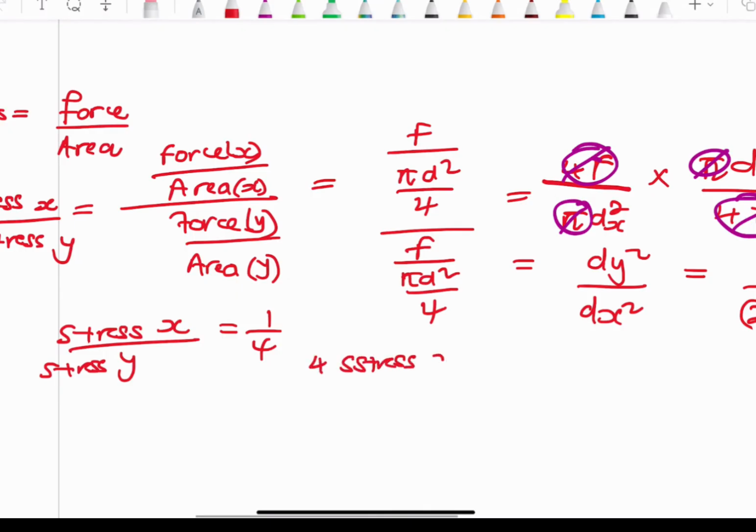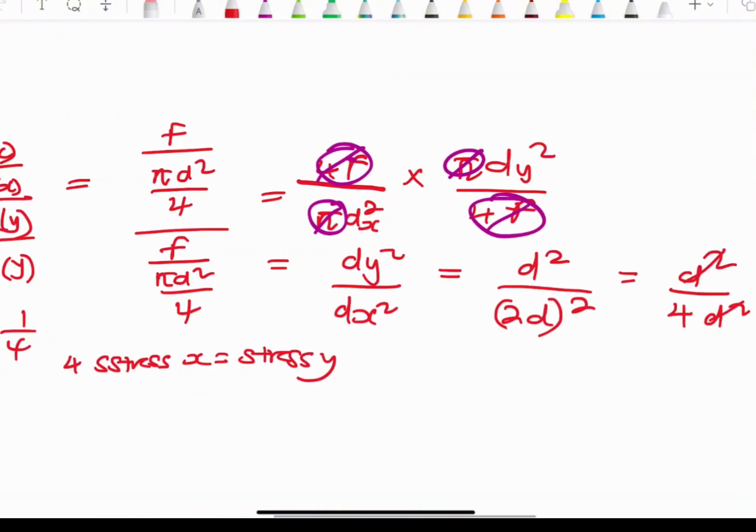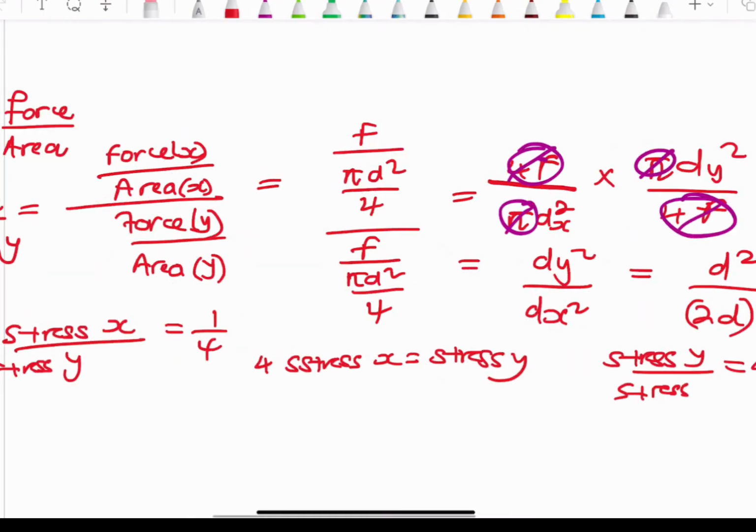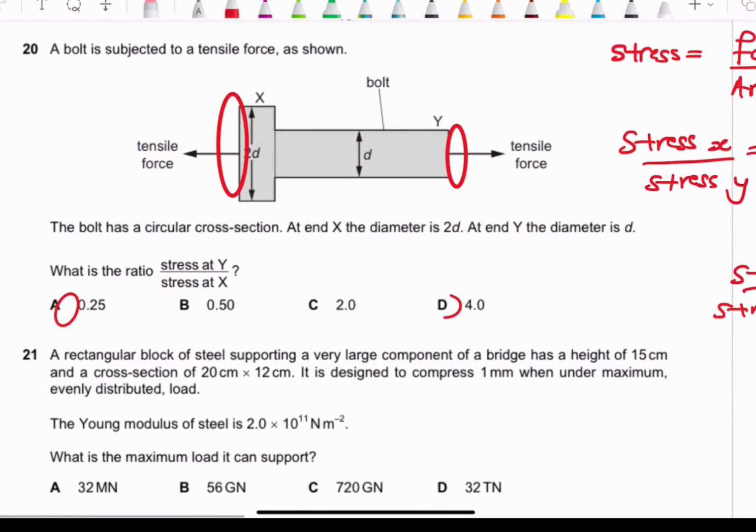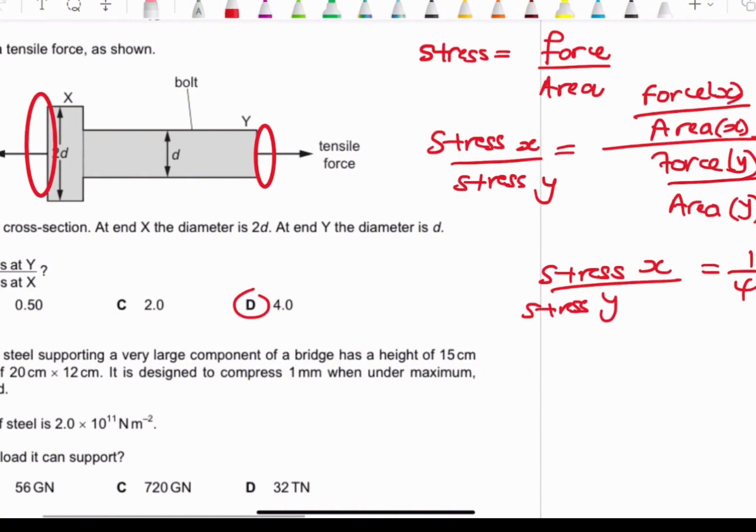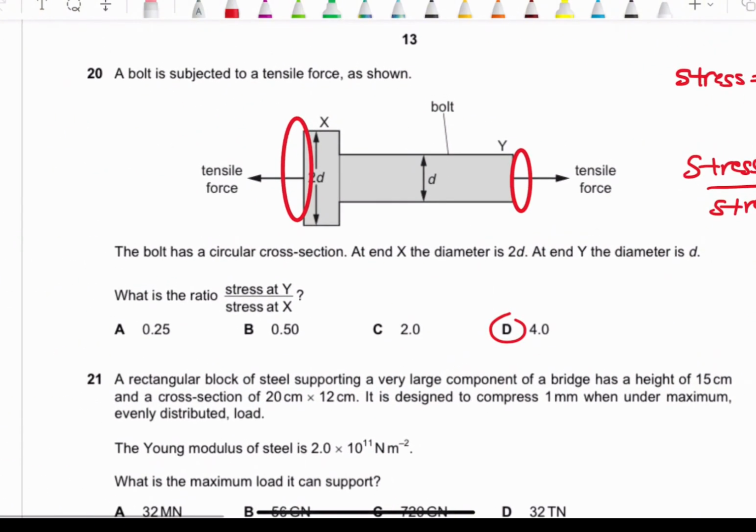Therefore stress at Y over stress at X is going to be 4, so the answer is going to be D. It's very important for you to figure this out. Stress at Y is force at Y over area at Y. I just did it in reverse, finding X over Y. But just find stress at Y, divide by the stress at X, and you'll be able to find your answer.